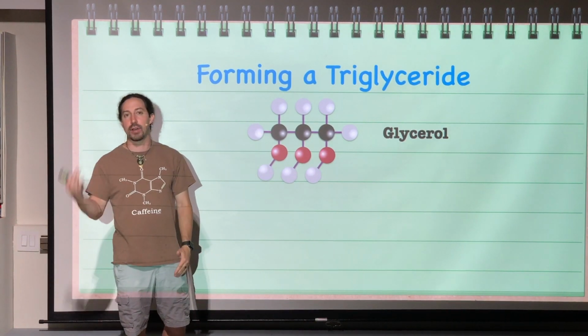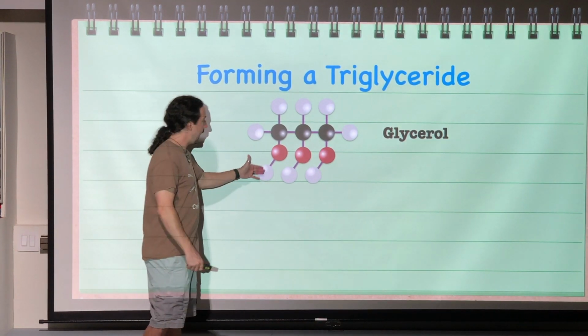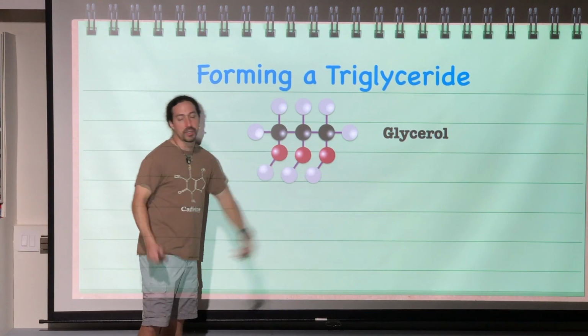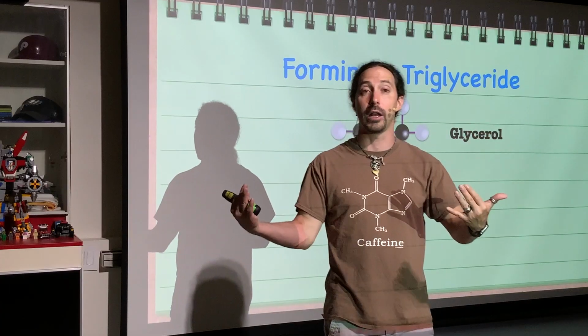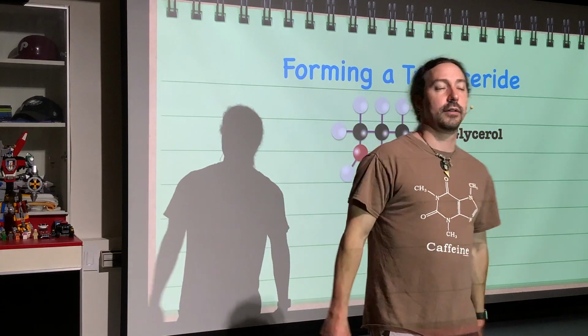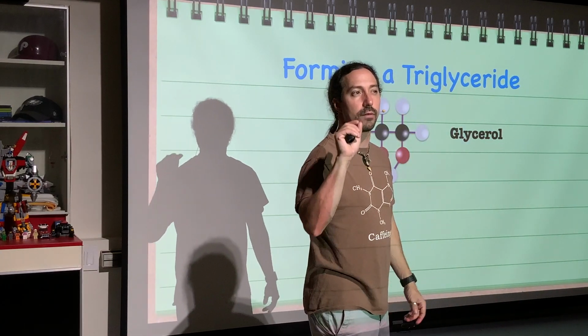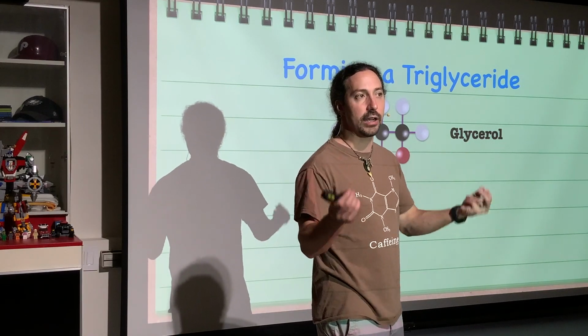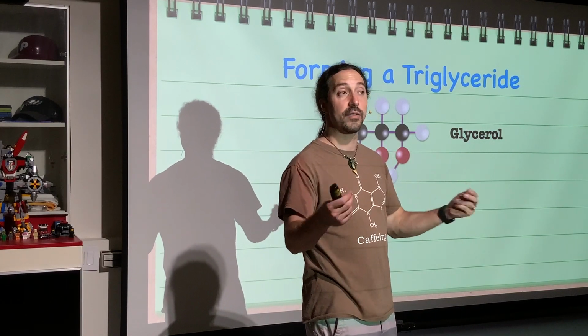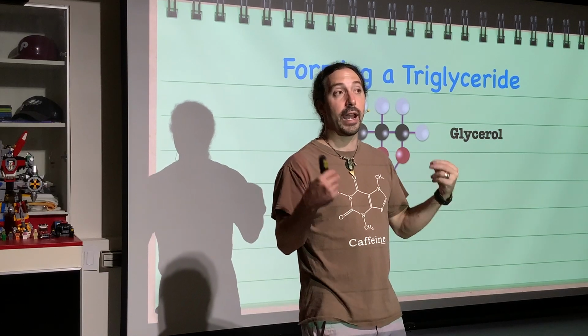These are called hydroxyl groups. Okay? And each of these hydroxyl groups is going to be important for us as we're talking about building our biomacromolecule, building our lipid. Remember the reaction. We have to remove the components that make up water, which means we have to remove hydrogen and oxygen.